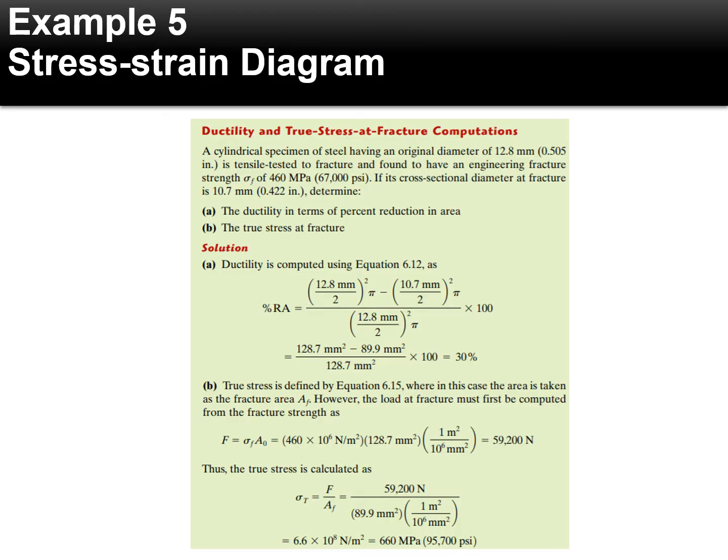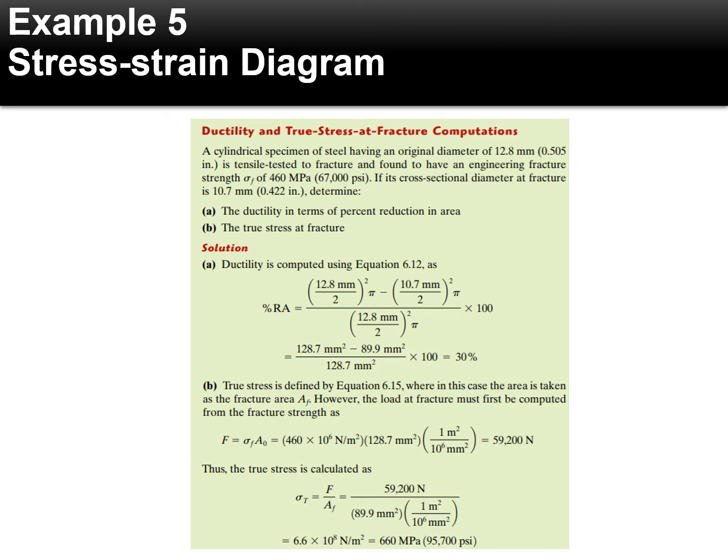So this is an example that you can use to recheck your conceptual understanding of the brittle and also the ductile. Here, regarding the ductility of the material: a cylindrical specimen of steel having an original diameter of 12.8 millimeter is tensile tested to fracture.